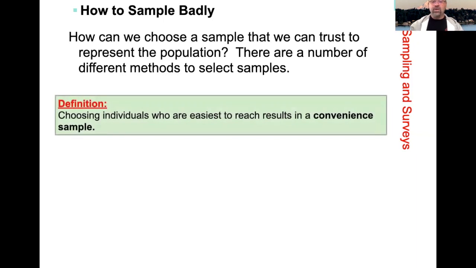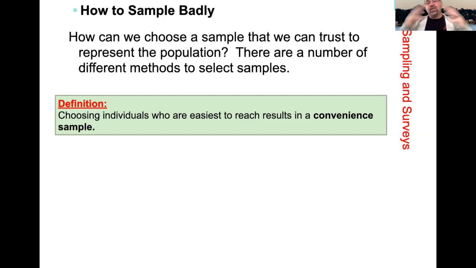One way to do it incorrectly would be something called convenience sampling. This is literally just picking who's easiest to get a hold of. My example for this a lot of times is, suppose you're doing your end of the year study, and if we were on campus, you said, I need to collect data from OHS students.